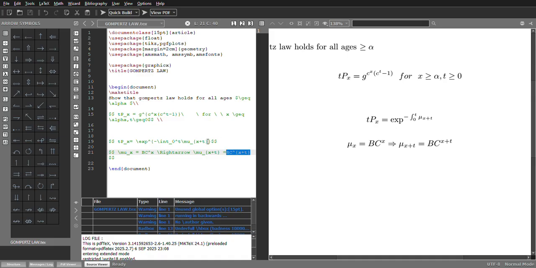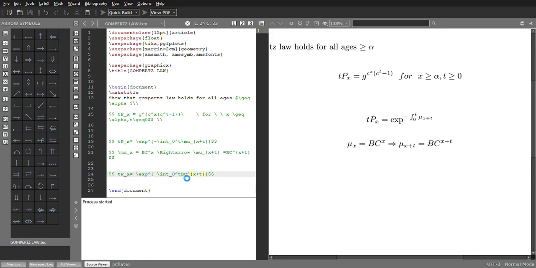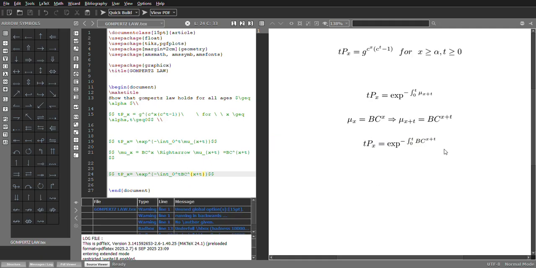We are only replacing mu x plus t with B c to the x plus t, and that gives us the probability of survival being equal to that.